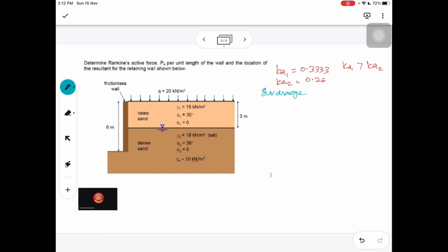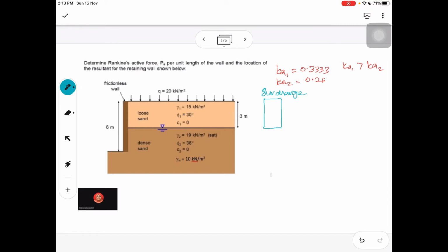Surcharge is always rectangular, and the surcharge is constant from the top to the bottom. This surcharge of 20 kilonewton per meter squared is constant from the ground level to the bottom. But because the Ka value is different, the diagram would be a little different between the top layer and the bottom layer.